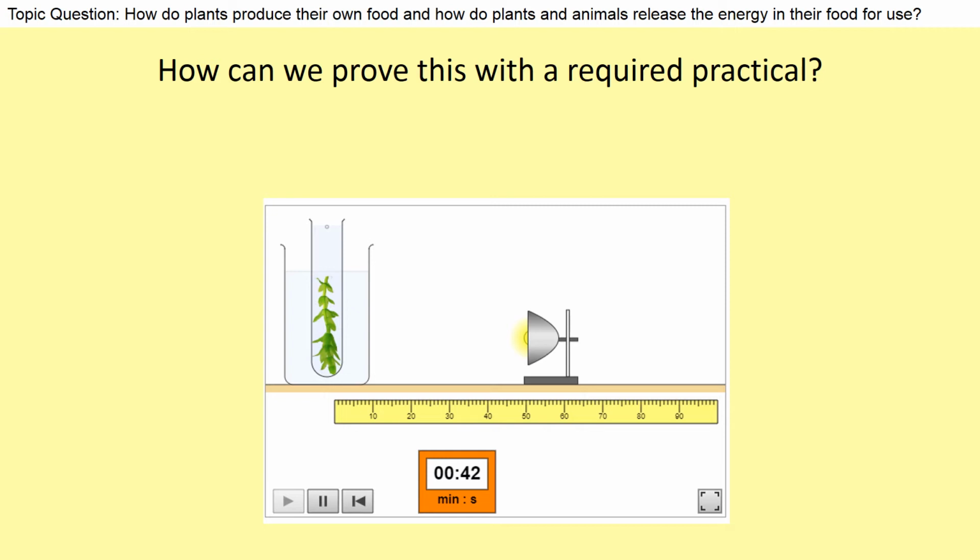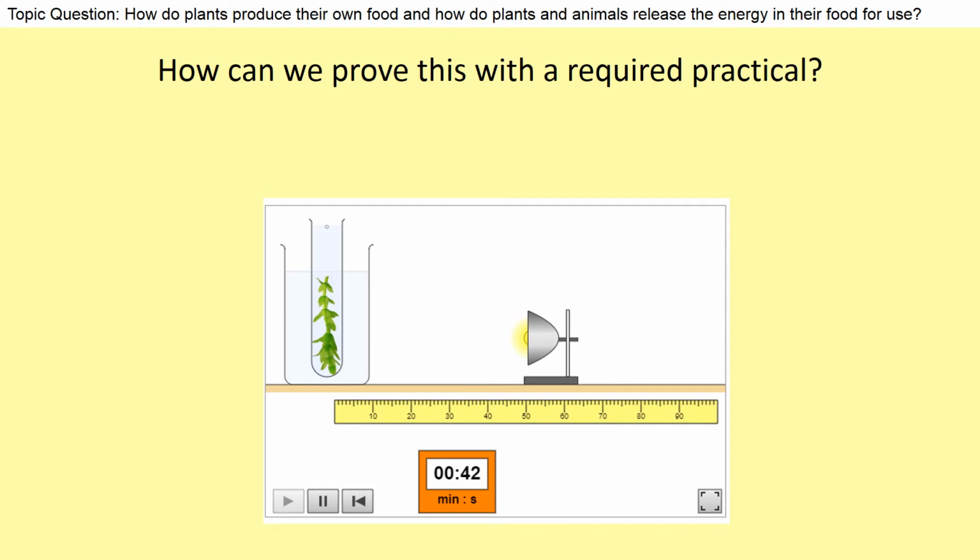It isn't like a chemistry practical where we can see it happening so easily. But if we carry it out in a water plant, then we are able to measure how quickly it's happening. So if you can see in this diagram of the required practical here, we've got a tiny little bubble at the top of that test tube.